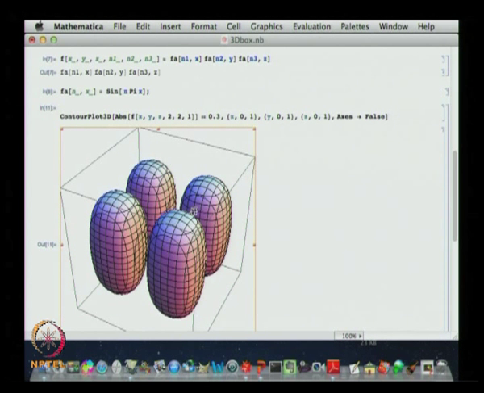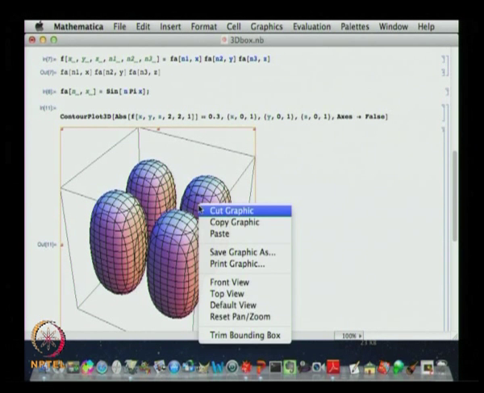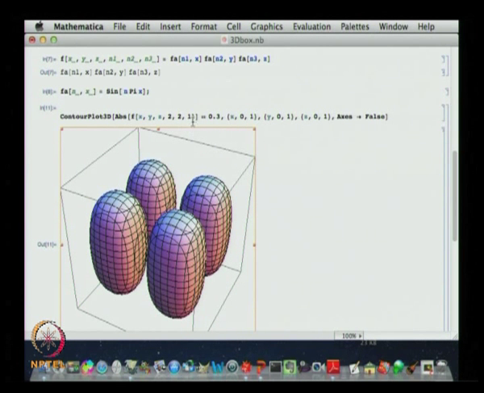It is taking time, so I do not think I should try to do that. Let us look at the other function which I talked about, psi 2 2 2. This will have three nodal planes, and the three nodal planes will all be perpendicular to each other. So, we will look at that function.